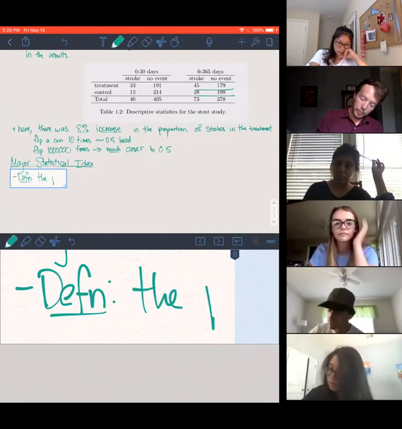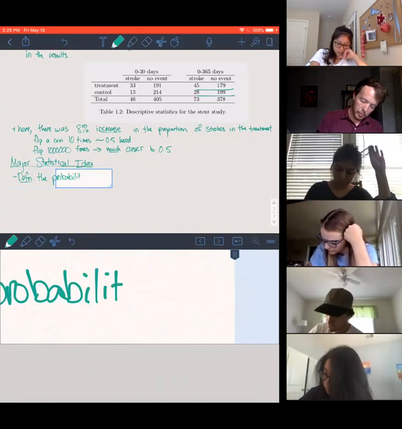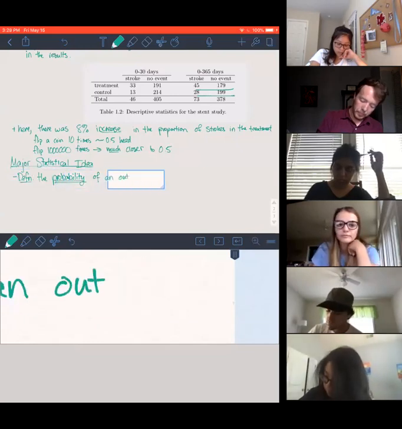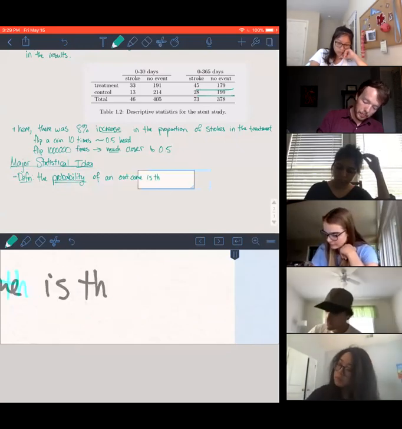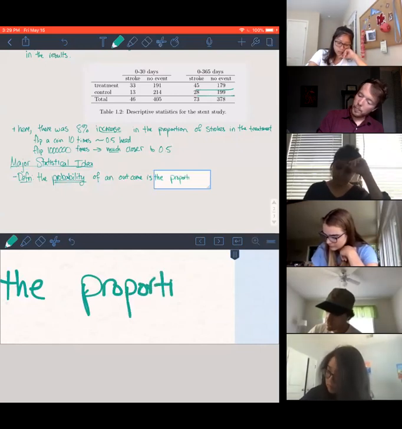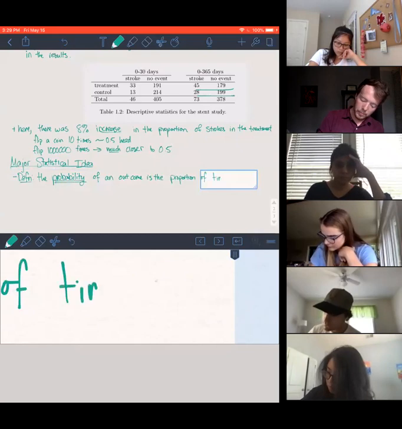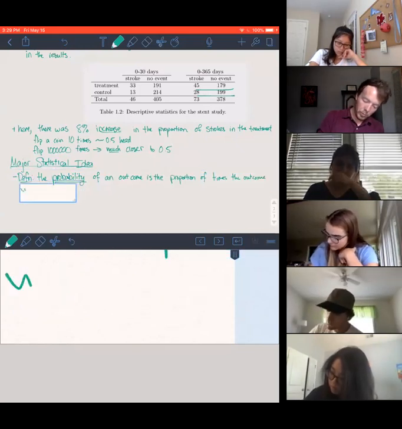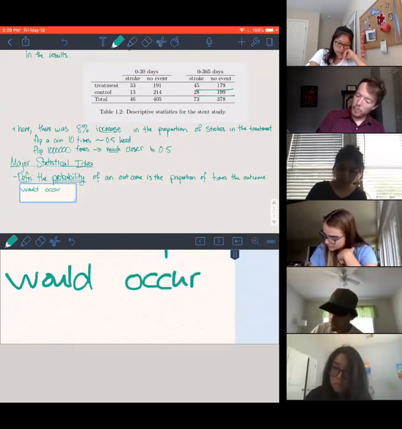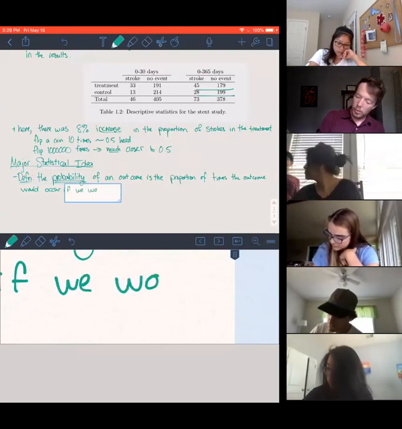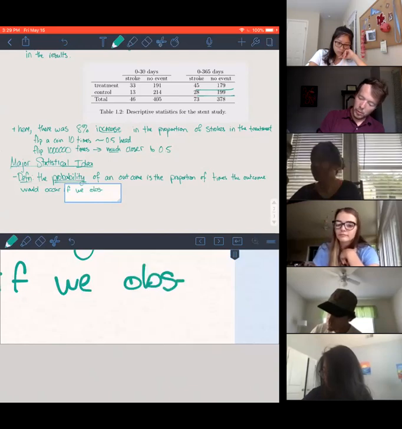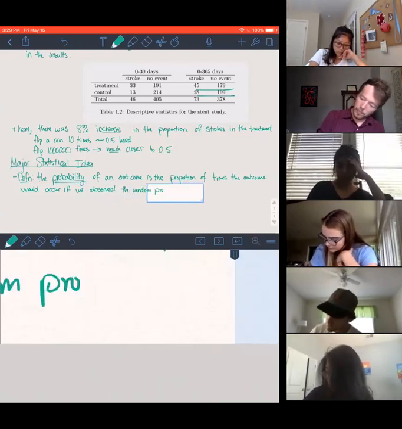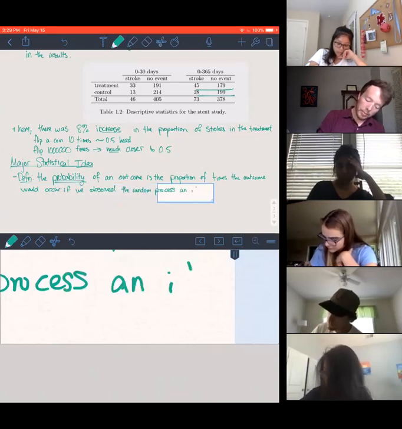The probability of an outcome is the proportion of times the outcome would occur if we observed the random process an infinite amount of times.